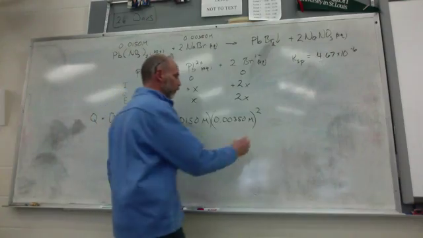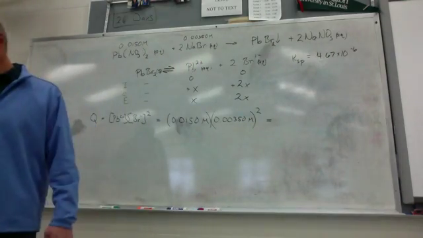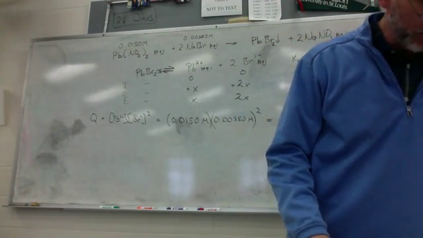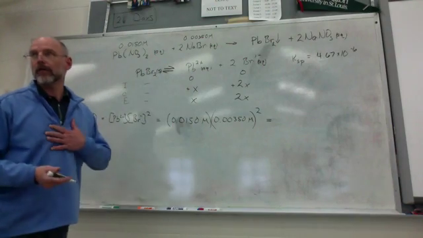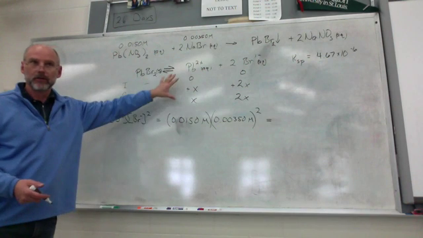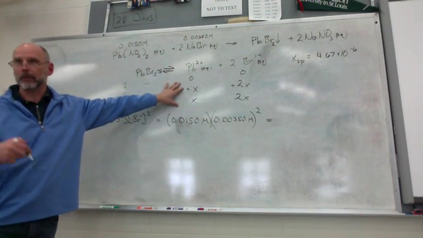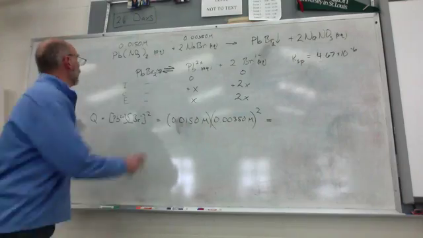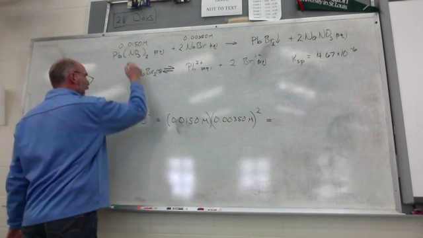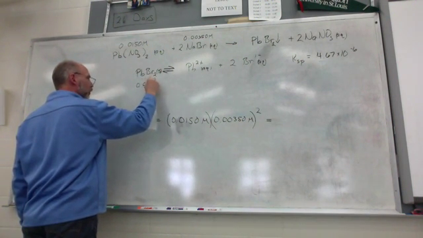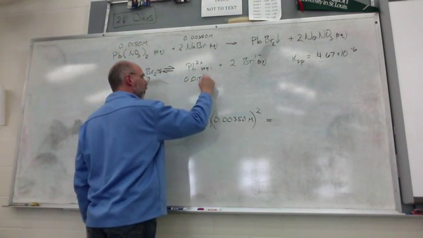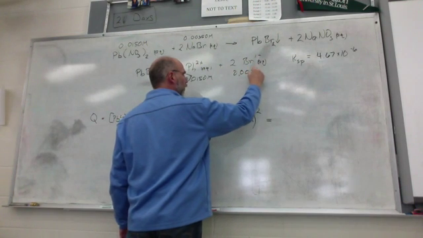So anyway, we just come up with this value. Here's my thing, my fault. We didn't need to do this. I wasn't thinking of what I was doing. All I needed to do was say, this is 0.015 molar, and this is 0.0035 molar.